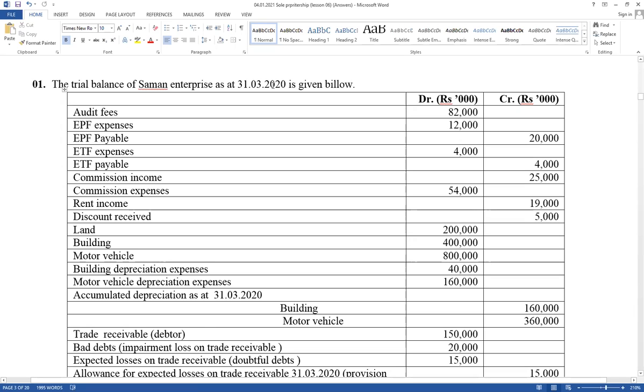Lesson 4 covered source documents, prime entry books, then ledger, general ledger, debtors and creditors ledger, error correction, as well as debtors and creditors reconciliation. Lesson 5, accounting concepts, I will discuss with sole proprietorships. Therefore, today I am going to discuss the sole proprietorship lesson.